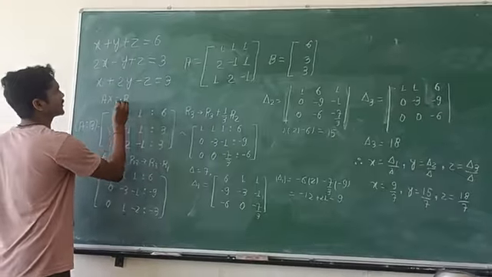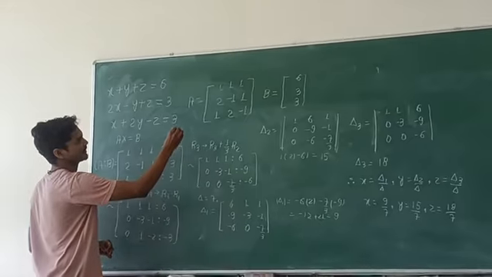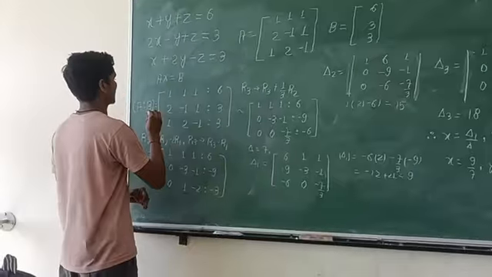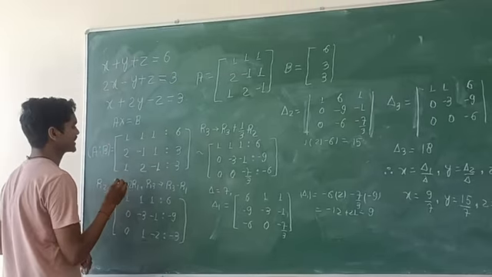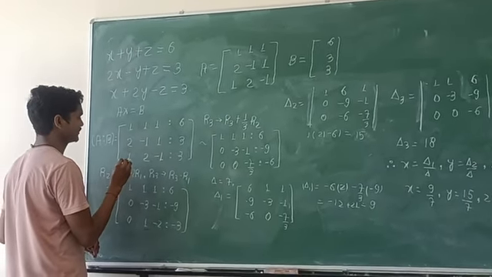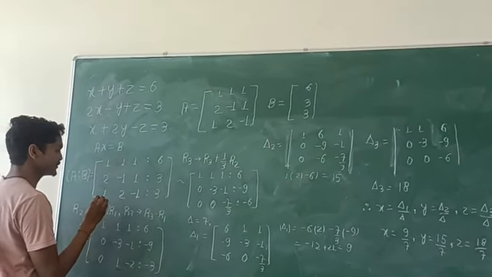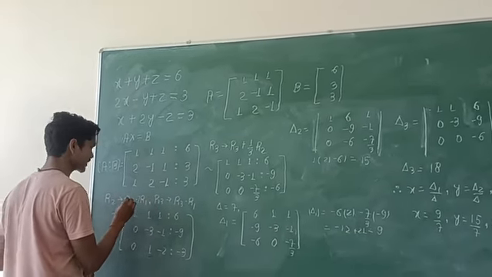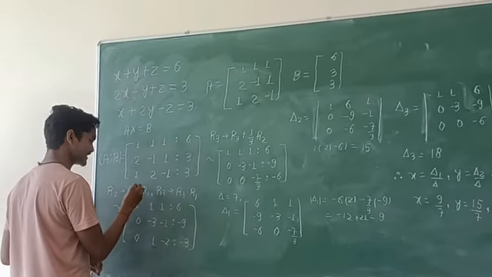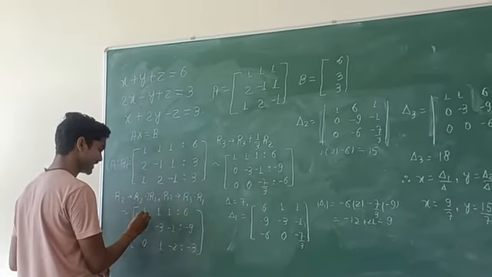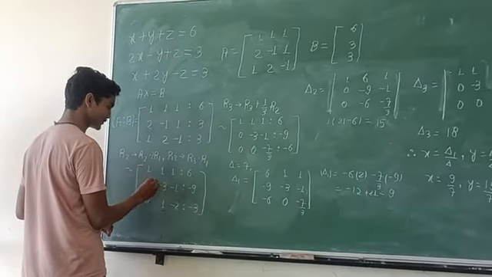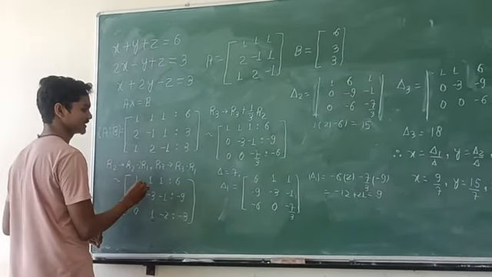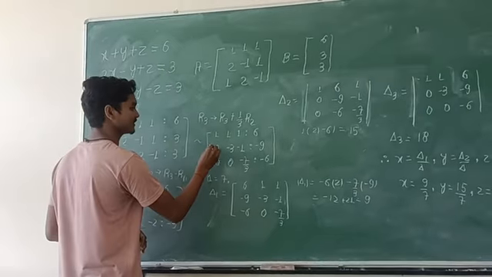AX is equal to B, where A is the coefficient matrix 1 1 1, 2 minus 1 1, 1 2 minus 1, and B is equal to 6 3 3. We know that the determinant does not change when we apply row reduction, hence we apply row reduction here. We make the first entries of the second row and third row 0, and we get this matrix.